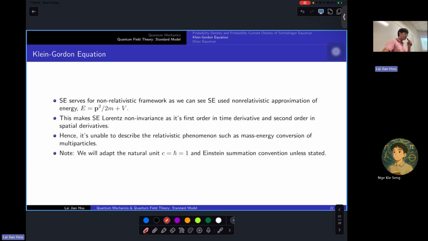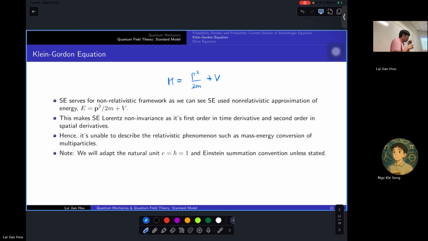We move to higher order equations. The Schrodinger equation that we saw in the previous part is the non-relativistic framework. As we can see, the Hamiltonian operator, which is the total energy of a system, is the kinetic energy part P square over 2m plus V. So P square over 2m here is obviously non-relativistic.